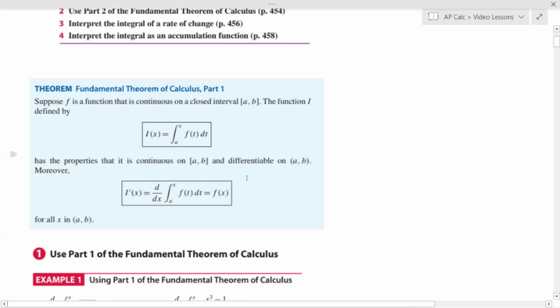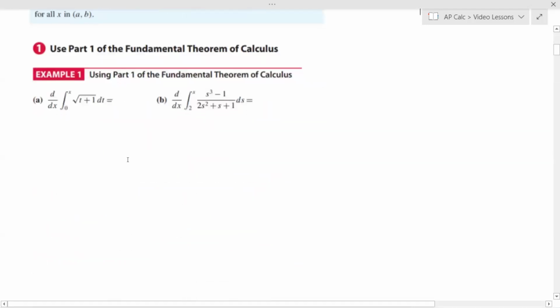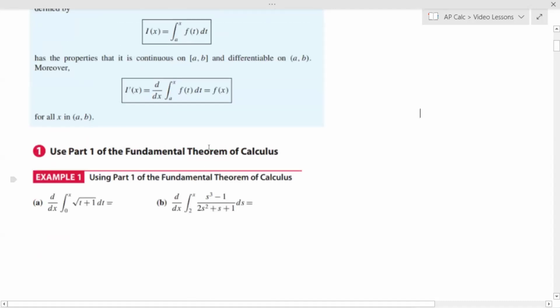Now, a couple of things to point out here. This is actually a function because the upper limit is a variable. It's x, not an actual number. So we'll look at an example to understand each one of these based on this definition.